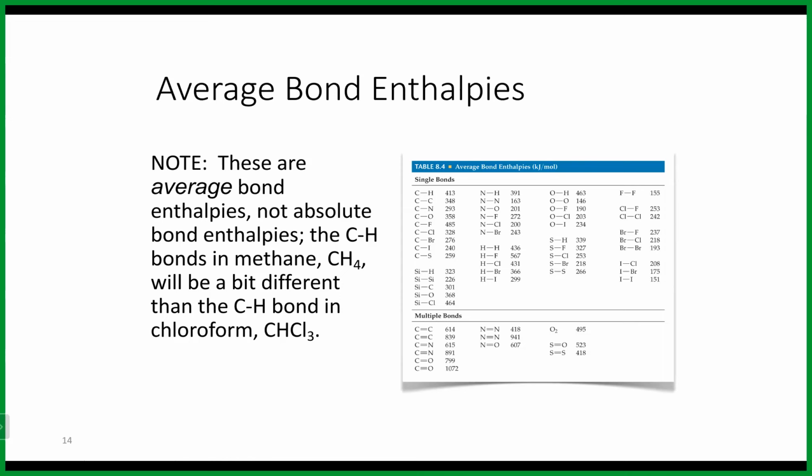There's going to be other things attached to that carbon, and depending on what you have there, that'll affect the bond strength of the other ones slightly. So it's not always going to be exactly 413 for a carbon-hydrogen bond, but it's going to be approximately that. And depending on what else is around it, it could become a little bit stronger or a little bit weaker.